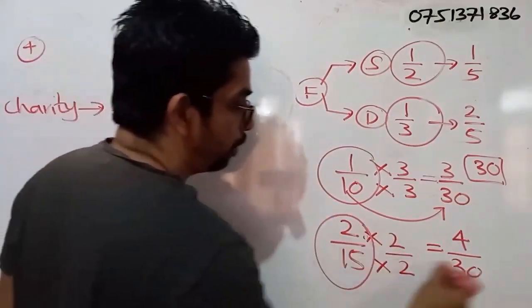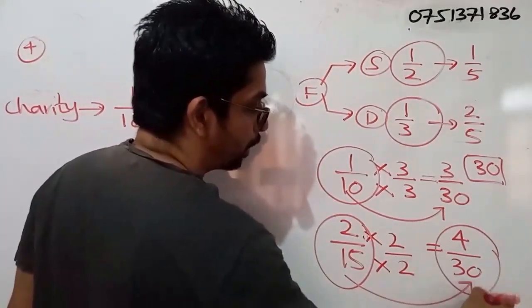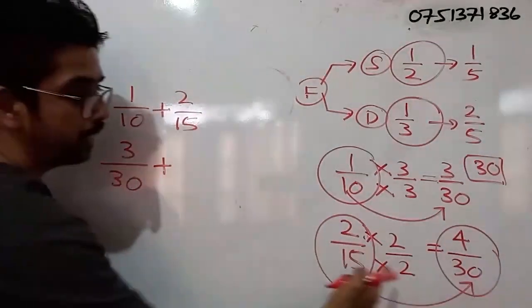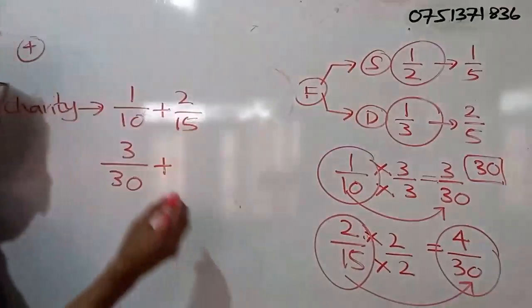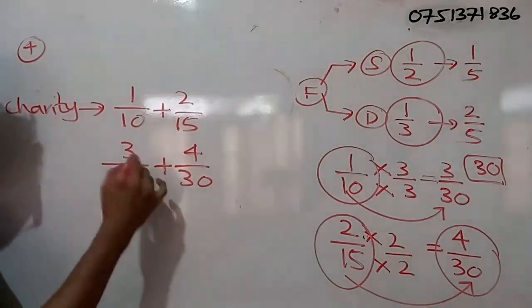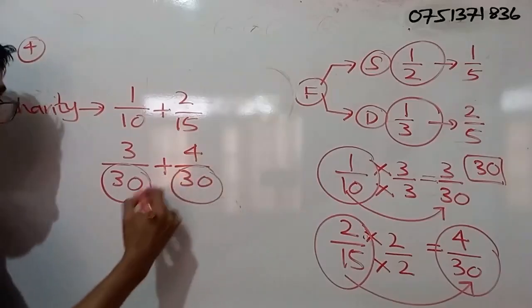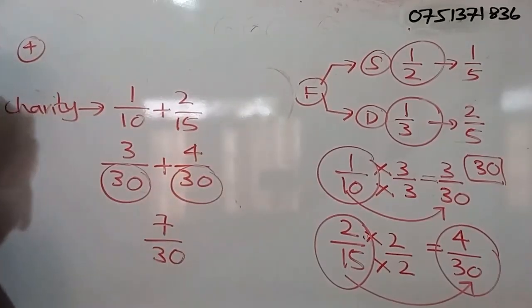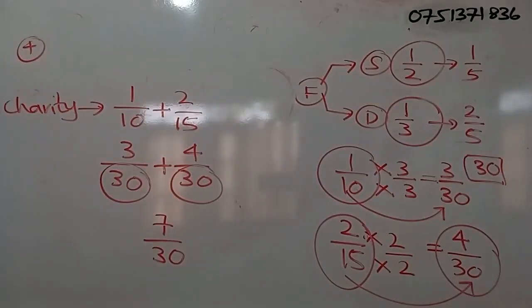Now 2 by 15 and 4 by 30 are what? Those are equivalent fractions. So I can write 4 by 30 instead of 2 by 15. So 4 by 30, right? So now the denominators are same. So what is the resultant fraction? 7 by 30. Now the question is not over yet, right?